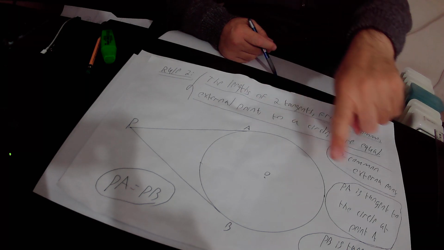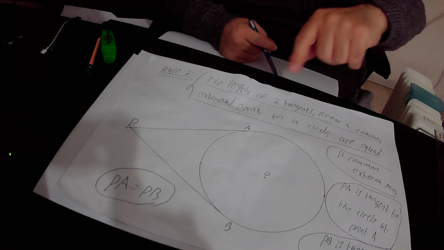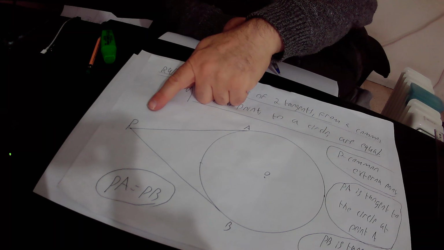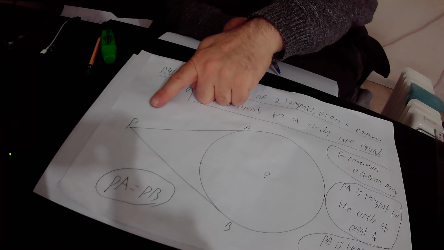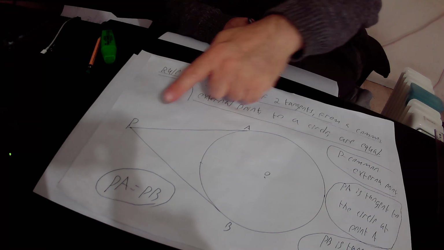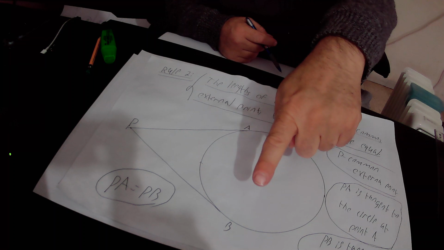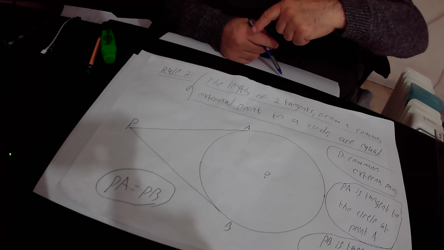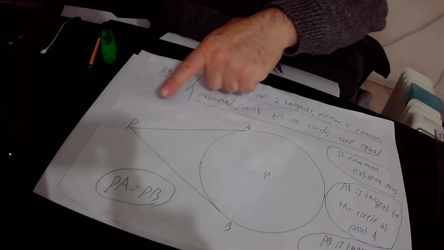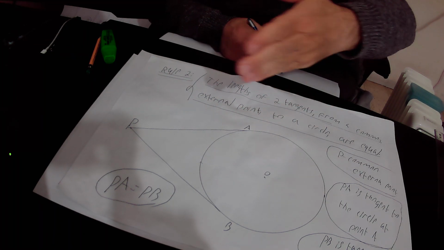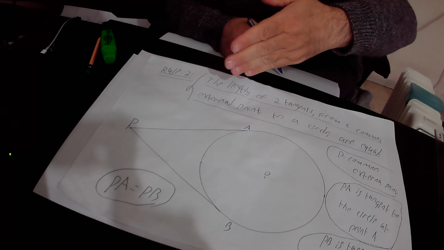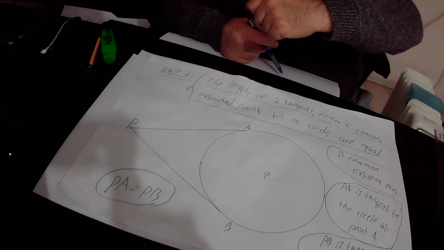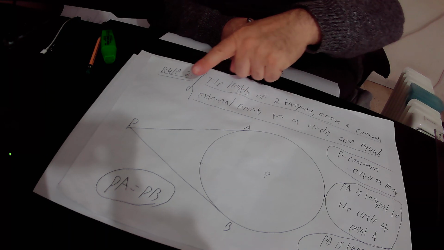We have a circle here, and this is the common external point P. From the common external point P, we have two tangents to this circle, tangent PA and tangent PB. And according to this rule 2, they are equal to each other. That is to say, PA equals PB, the lengths of those two tangents are equal.